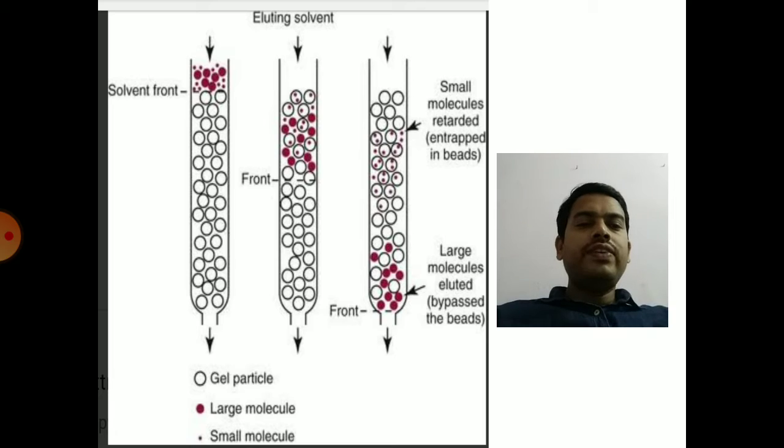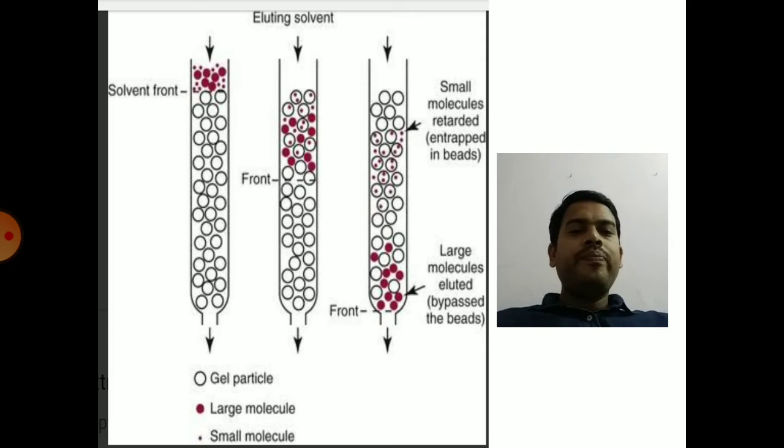There is a little difference between the molecular exclusion and gel filtration chromatography techniques. Both are carried out in a column where the packing material is the stationary phase, the column is the solid support, and the solvent used for the elution of the sample molecule is the mobile phase.